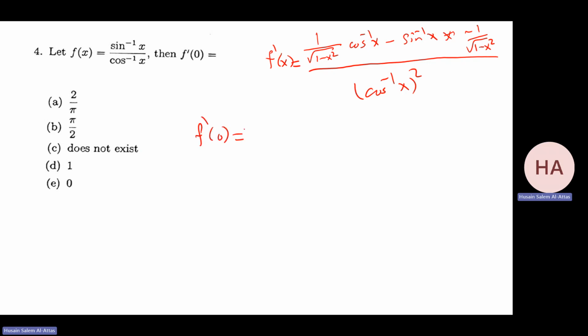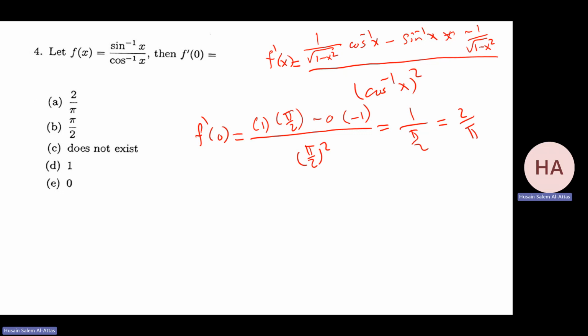So f prime at 0 will be what? 1 times pi over 2 minus 0 times minus 1, over pi over 2 squared, which will give me 1 over pi over 2, which is 2 over pi. We did it before.